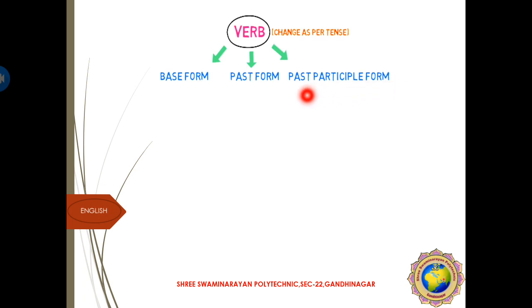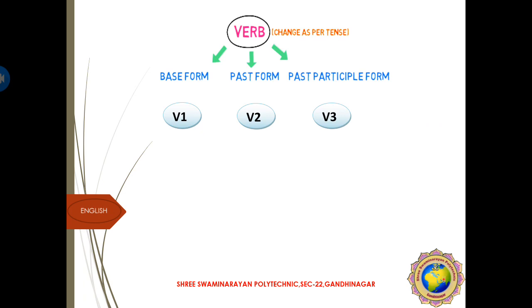We already studied this in 8th, 9th or 10th standard. You have to know about these 3 forms of the verb. This is called the base form or V1, the past form as V2 and V3 as the past participle form.